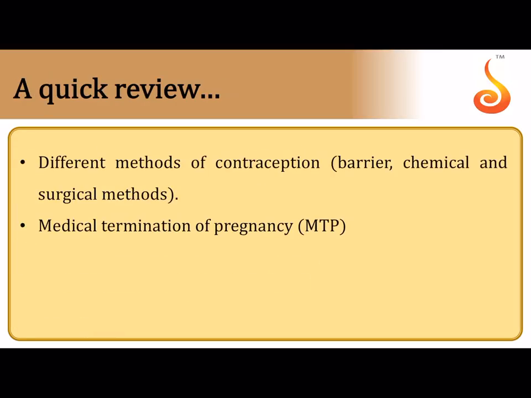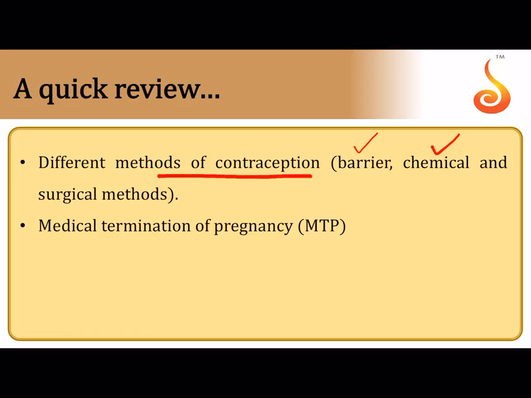Now, before we get into today's lecture, as our routine, we will go through a quick recap of what has been done till today. In the previous lecture, we had started discussing the methods of contraception. In the methods of contraception, we had learnt about the barrier methods. Then we had learnt about the pharmacological or chemical methods.